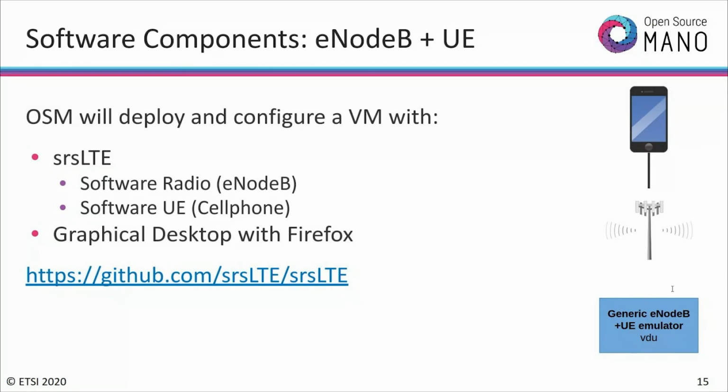In our demo, the eNodeB and the cell phone are all in software. There is no real hardware in today's session for radios. The connection between eNodeB and user equipment is actually in memory in this case because we're running the SRS software.